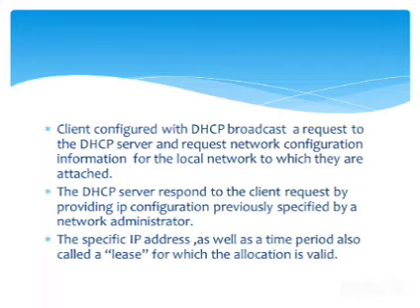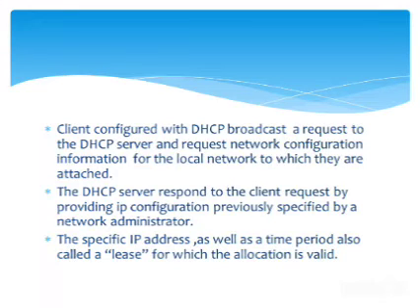A client configured with DHCP broadcasts a request to the DHCP server and requests network configuration information for the local network to which it is attached, right? The DHCP server responds to the client request by providing the configuration previously specified by a network administrator.